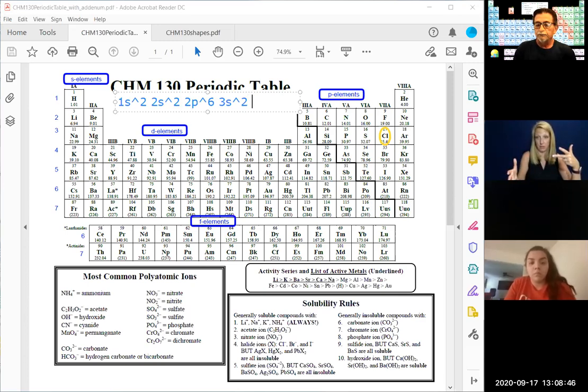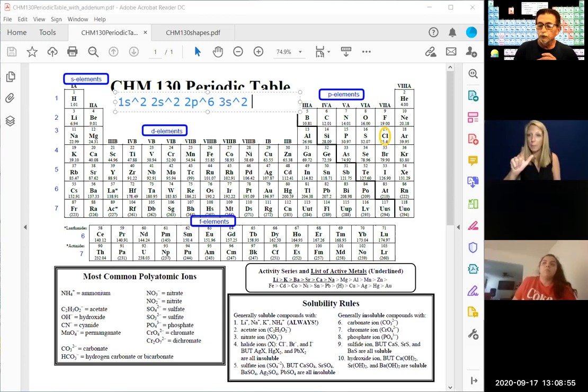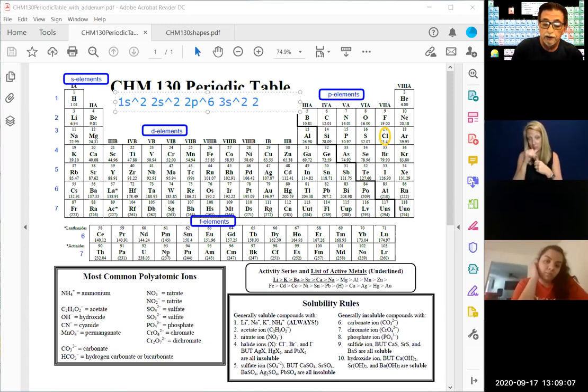And now as I'm done with the sodium magnesium area, I'm moving across the periodic table to aluminum. I also notice that chlorine is in the 5th column of the P block. So that tells you I have 5 electrons, and so it's 3p superscript 5.